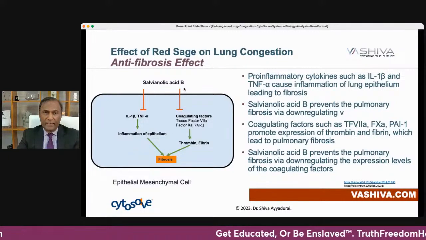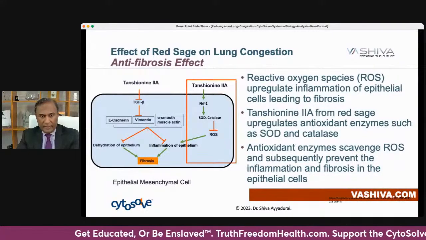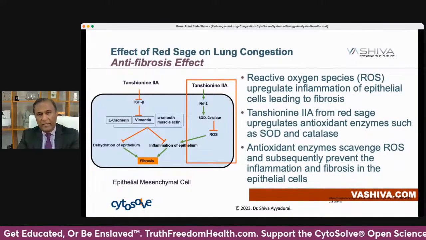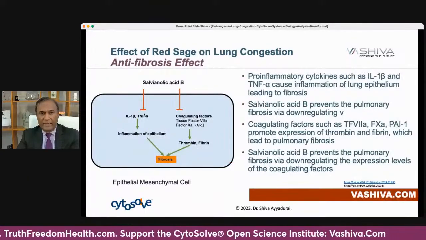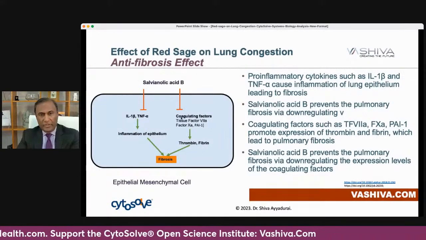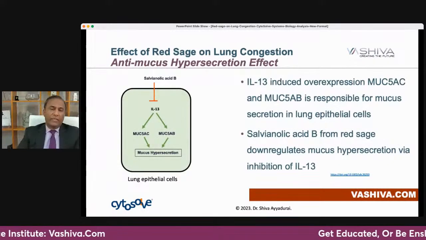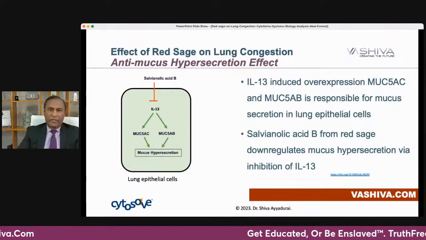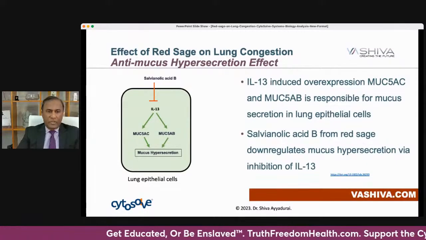So again, salvianolic acid B, like tanshinone 2A, which affected things two ways, salvianolic acid also affects fibrosis in two other ways. So think about it, it's very powerful, two different ways. Now, the second mechanism of action that red sage affects is the anti-mucus hypersecretion effect.